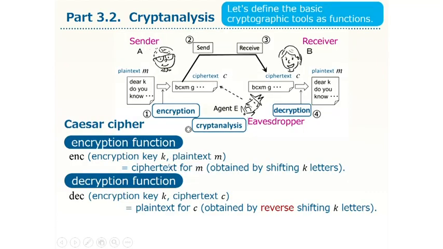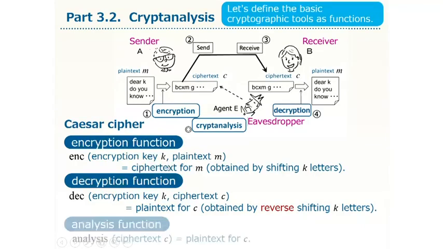Again, let us specify the task of cryptanalysis precisely as a function. This is it. This function analysis is what eavesdropper E wants to compute. Note that this value is the same as the function dec. The difference is the arguments. While dec has two arguments, that is, the key K and the ciphertext C, function analysis is given the ciphertext only.